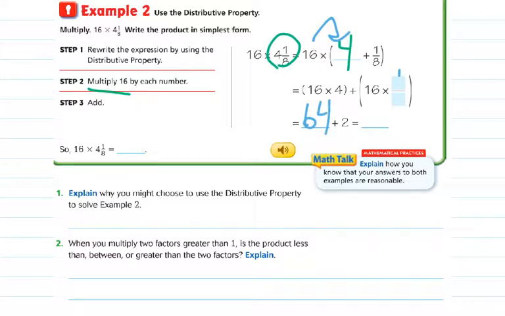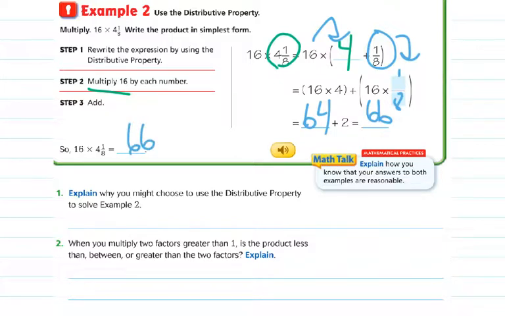Then we do 16 times 1/8, because that is the fraction that's left over. 16 times 1/8 would give you 2, and that's how we have the 2 down here. Then we add the 2 plus the 64, and we get 66. So 16 times 4 and 1/8 is 66.